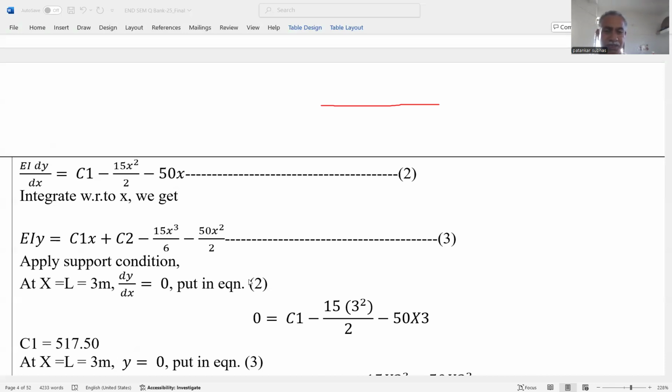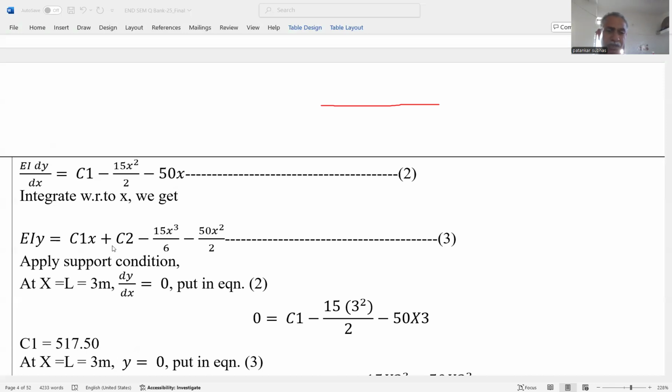When we put this in equation number 2, we get C1 = 517.50. Similarly, applying another support condition at x = L, again y, the deflection, is 0. We put this in equation number 3.